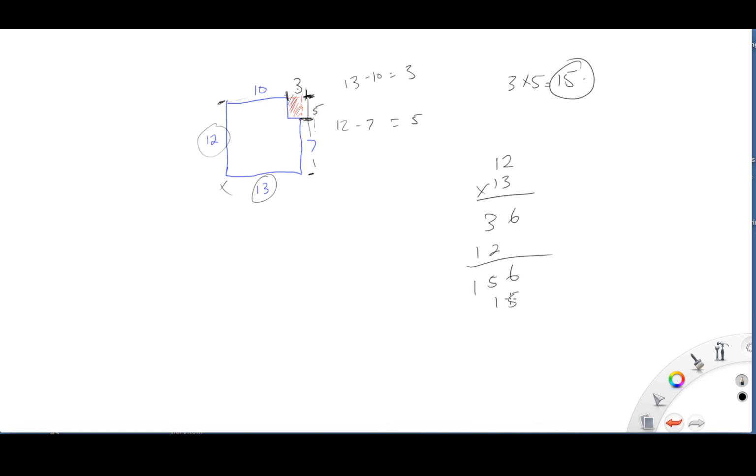We're going to subtract 15 because we don't want that little square in there, and we come up with 141 feet squared. All right, so that's how we get that answer. And there are several problems in your textbook that give that kind of idea. I always find the total, and then I find the little guy and subtract the two.